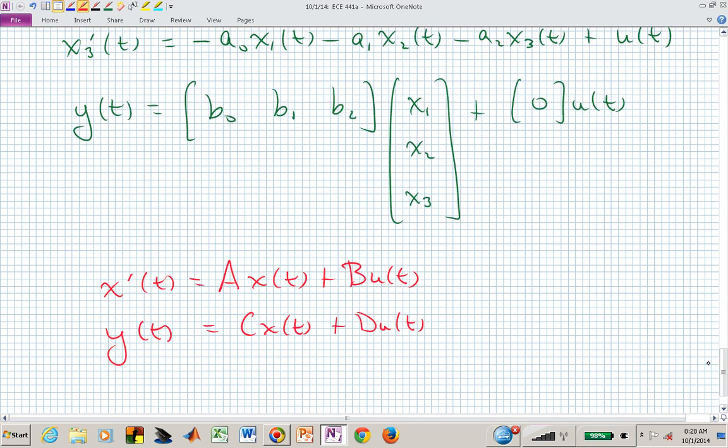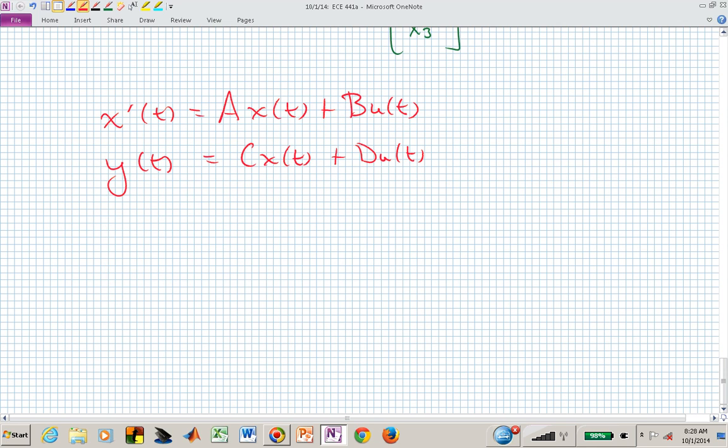And we've already found C. We've already found D. What is A? Dimensionally, what is A? You key off your states. There are 3, and you know A is square. A is 3 by 3.